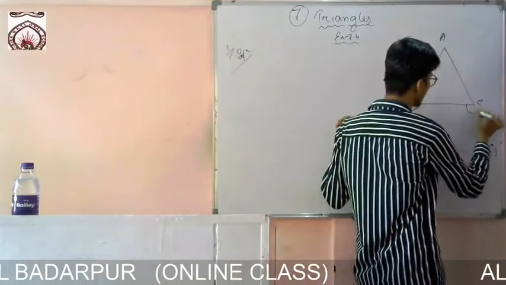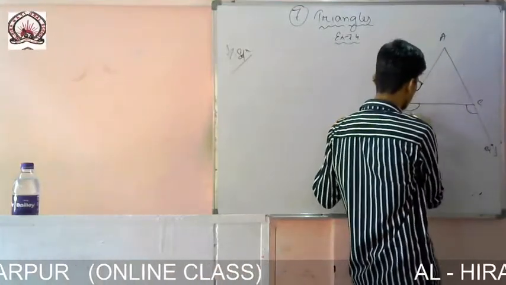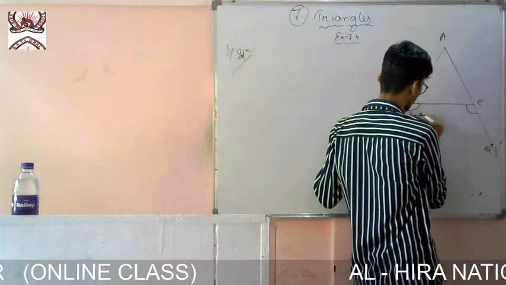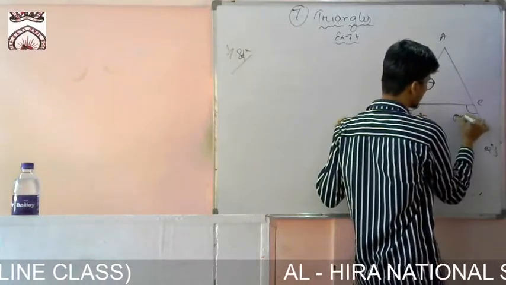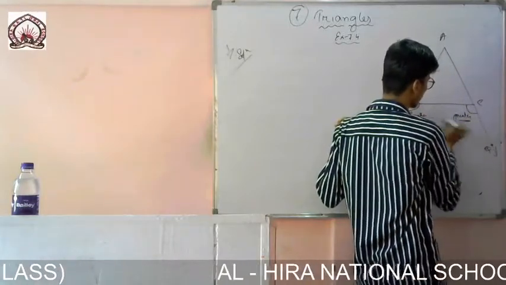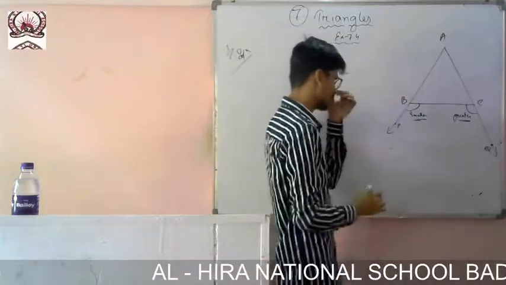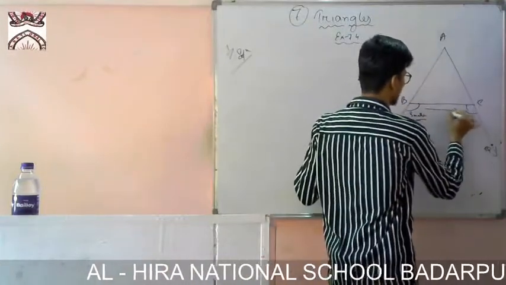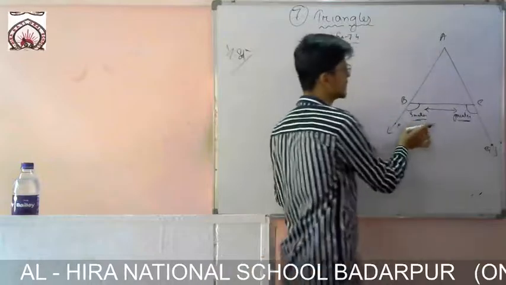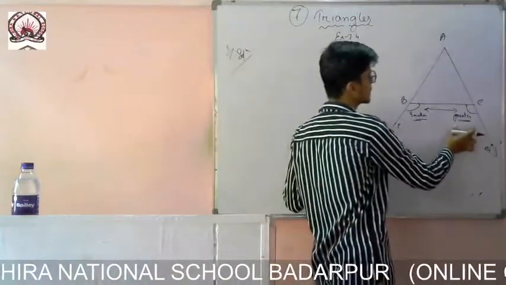That means out of these two angles, this one is smaller and this one is greater. I am writing this so that you can understand. Don't write this smaller and greater. Out of these two, this angle is smaller and that angle is greater.